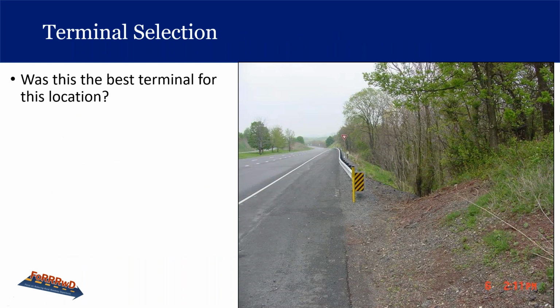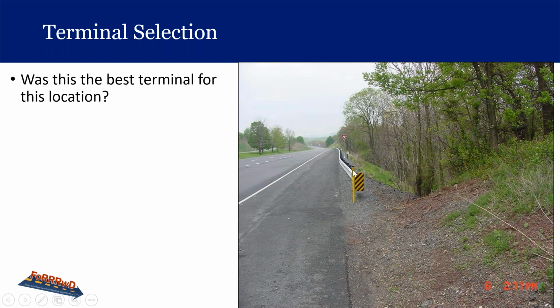So if we take a look at this picture, what is the best terminal for this location? So we have a big side slope here that goes up from the edge of the traveled way.